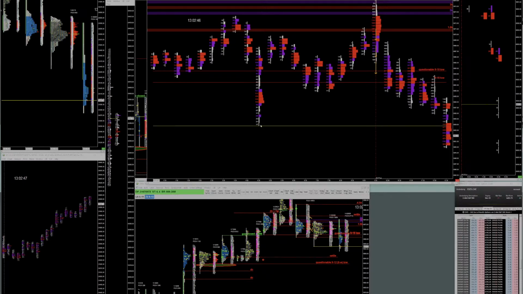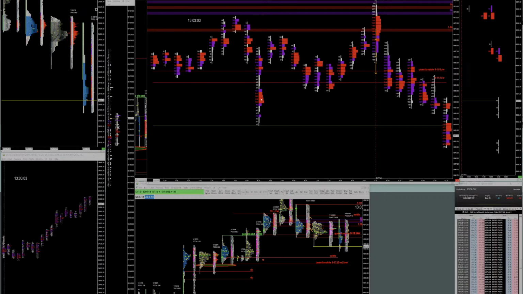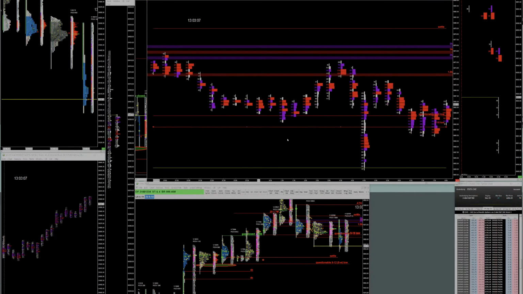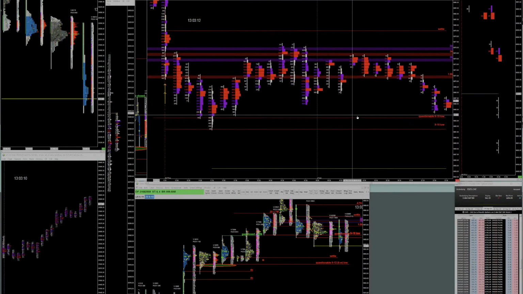It doesn't have continuation here, but the volume is here. It seems like an unfinished auction here, but things like this I have been seeing throughout the last couple of days.